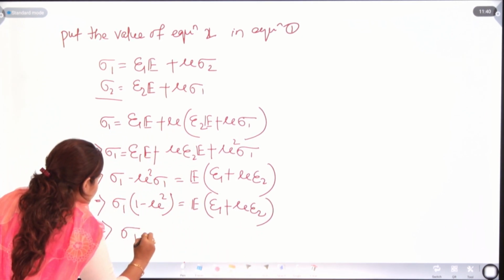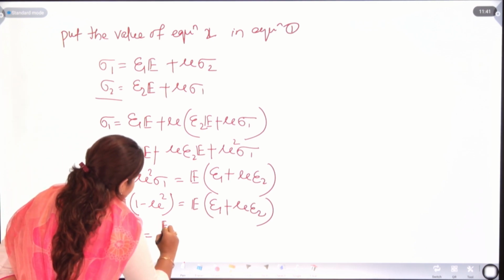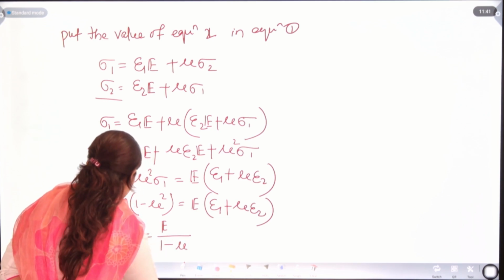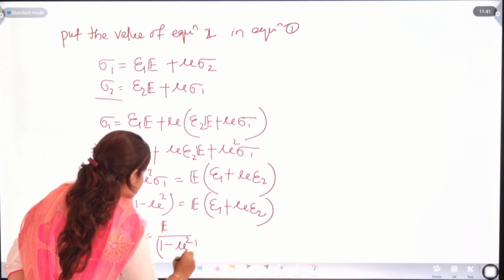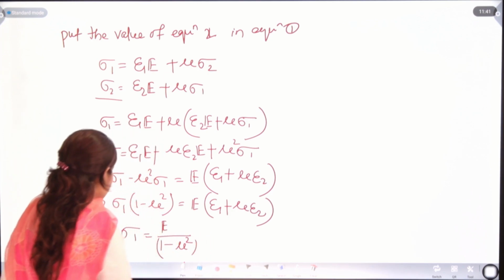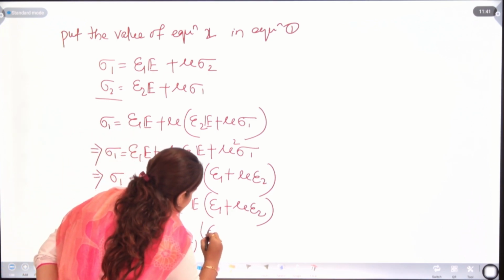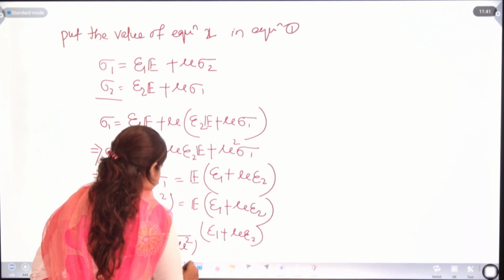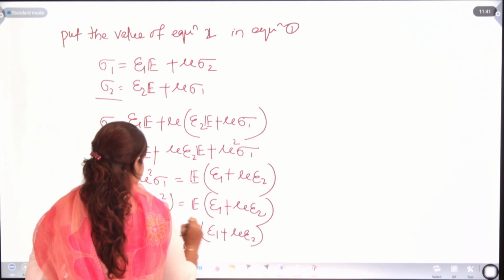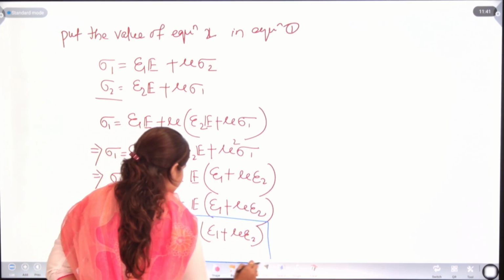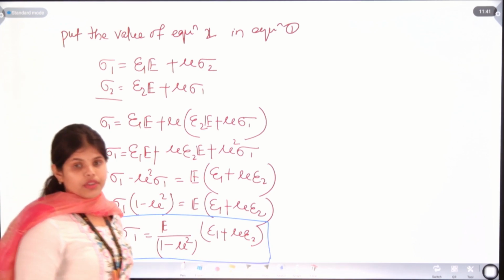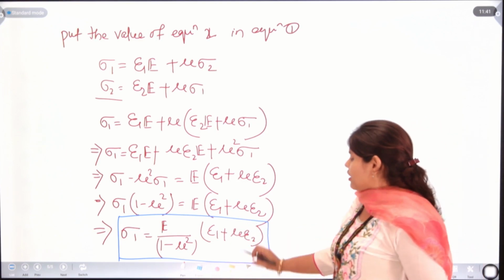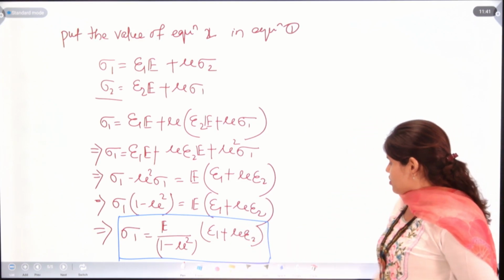Sigma 1 will be E by 1 minus mu square into epsilon 1 plus mu into epsilon 2. Here we have the relation between sigma and epsilon, that is stress and strain.